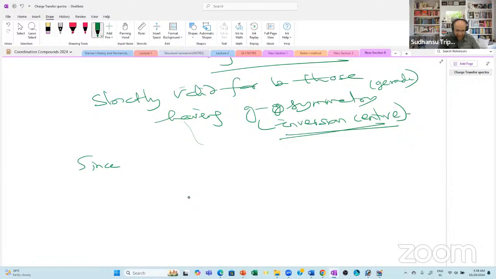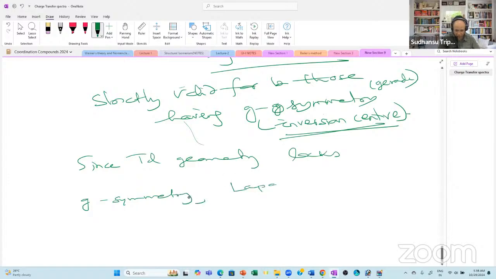Since Td geometry lacks g symmetry, the Laporte selection rule is partially allowed.